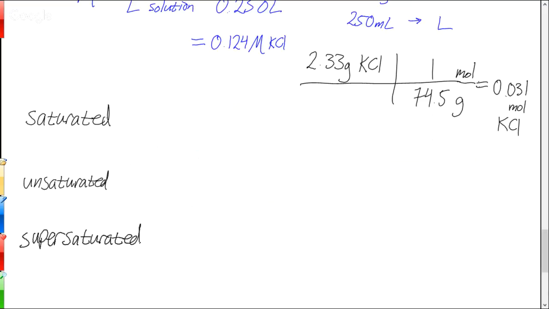Does anybody know what these mean with respect to solutions? Like, what's a saturated solution? How highly? Very highly. You could be more specific than that, actually. It's the most concentrated that is possible for a given solute.